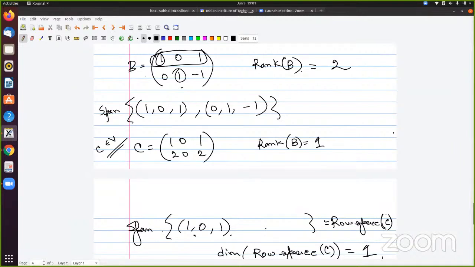Clear? But sir, we use independent variable and dependent variable only for matrices, for rank and nullity.